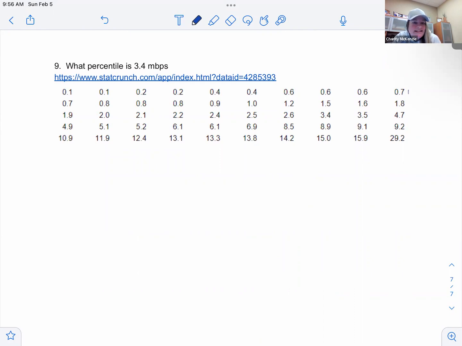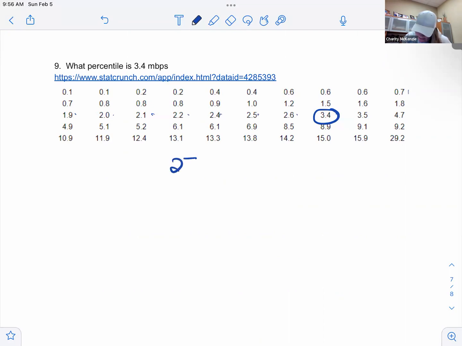What percentile is 3.4? Okay, where is 3.4? Right here. How do I find what percentile this data value is? I count how many data are below it. So 10, 20, 22, 23, 24, 25, 26, 27.